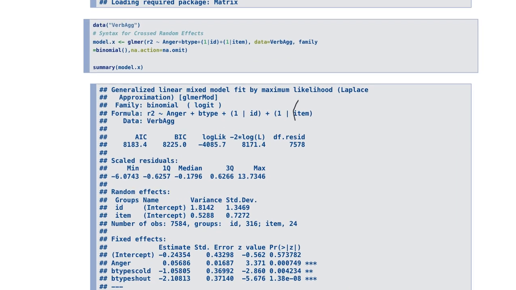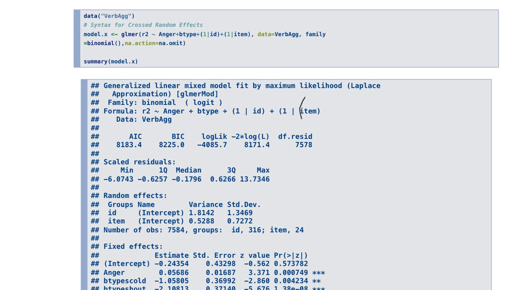Now the secret to fitting them, there's really no secret at all. It's exactly the thing we've seen. You just have two random intercepts, one at the ID level, one at the item level. We don't have that slash. If we had item under ID, it would be like ID/item. That doesn't make sense here because you can't ask the same question more than once, but for something that's nested, you put them both here. I forgot the direction, I think the lower is first.